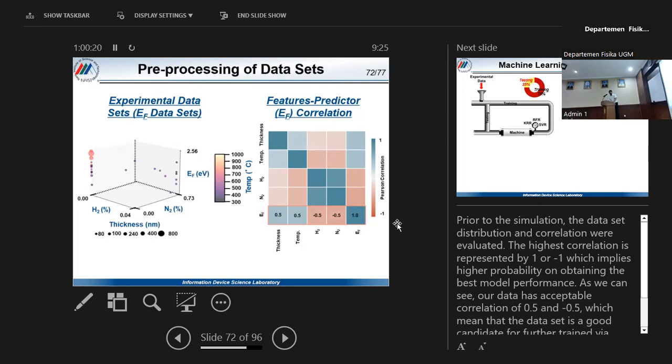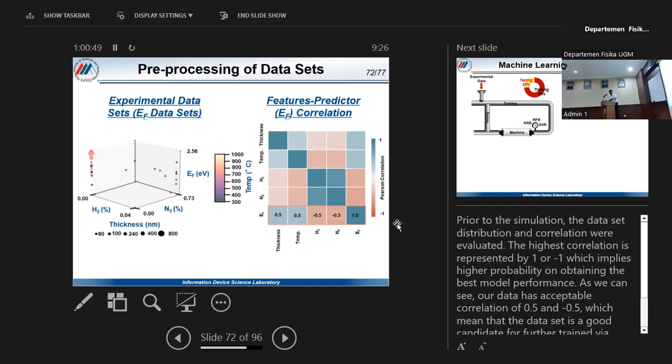But in order to cut down on these many parameters, you can perform a Pearson correlation to find which descriptors or parameters are relevant to predicting the Fermi level. In this case, the inputs are the thickness, temperature, the gas type, the gas concentration, and also the temperature during annealing and during baking.